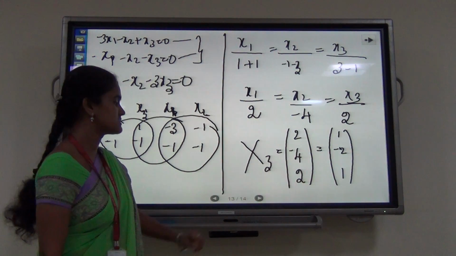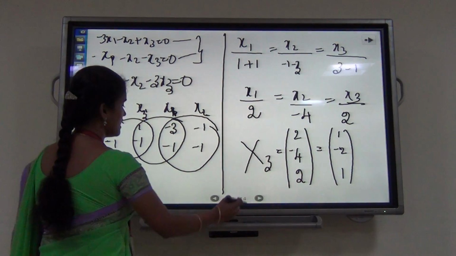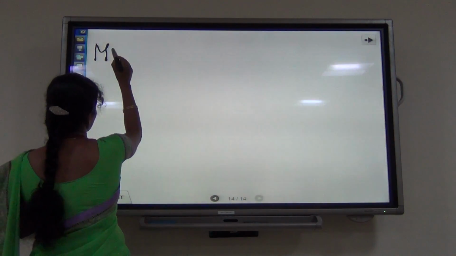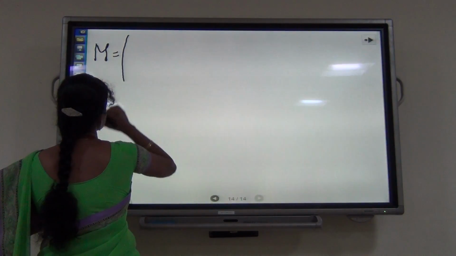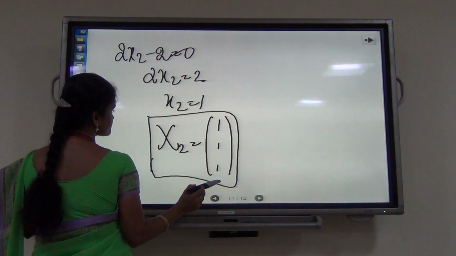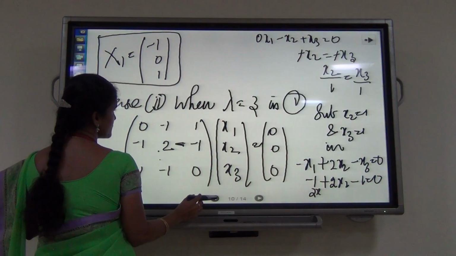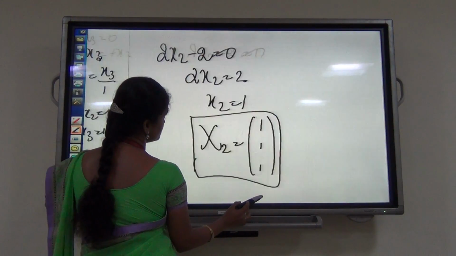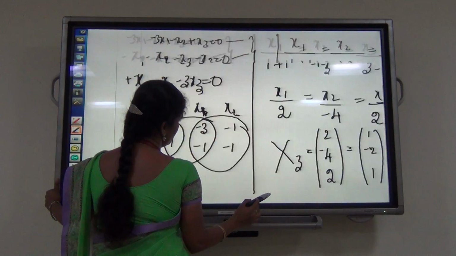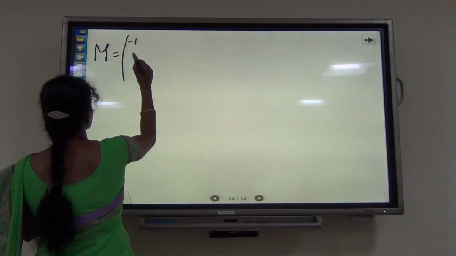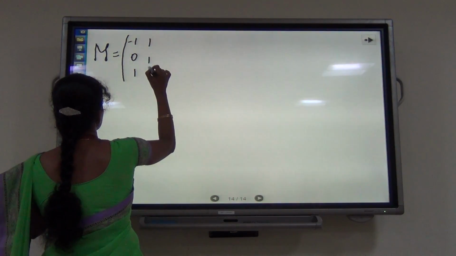Now my next step is to get the normalized modal matrix. Let us first write the modal matrix M. What is our x1? x1 is minus 1, 0, 1. x2 is 1, 1, 1.